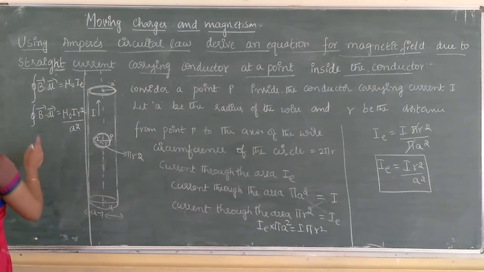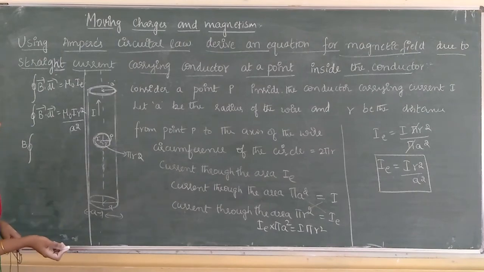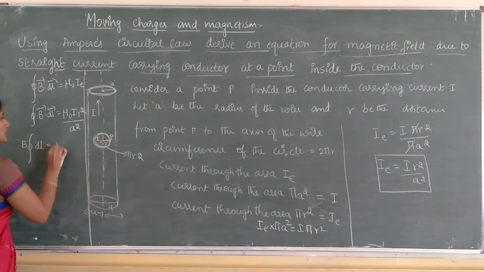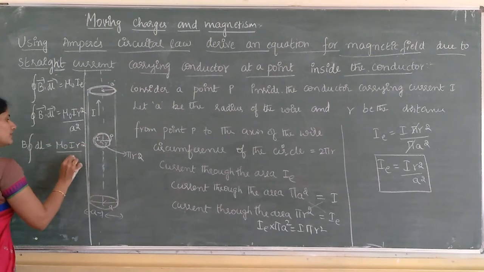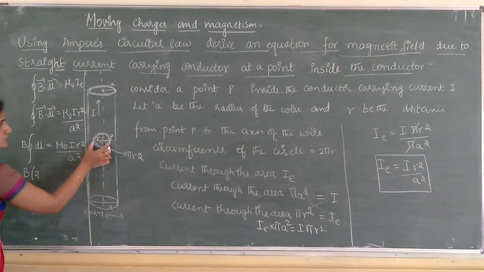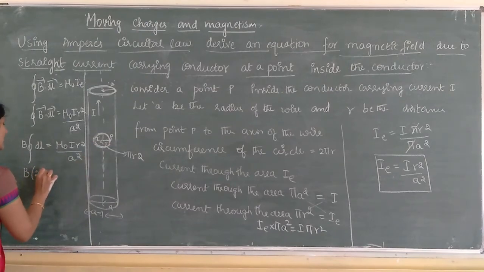B dot dl is nothing but B dl cos theta. If r is constant, then the magnitude of the magnetic field is also constant, so taking that outside. Theta is 0, cos 0 is 1. So, the integral of dl is equal to mu naught I r square divided by a square. We know that the integration of dl is nothing but the circumference of the circle, which is 2 pi r.